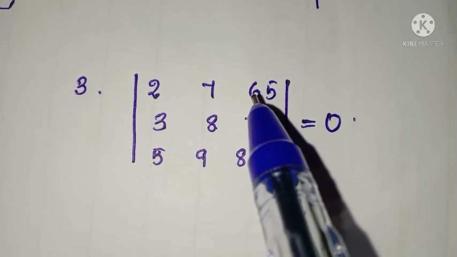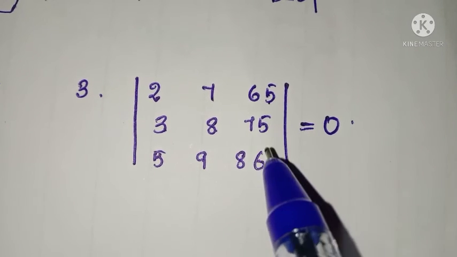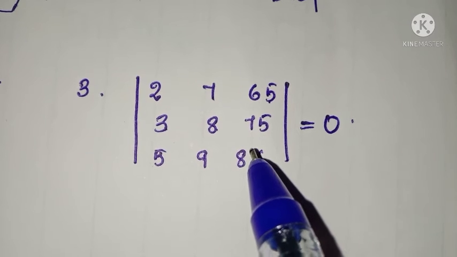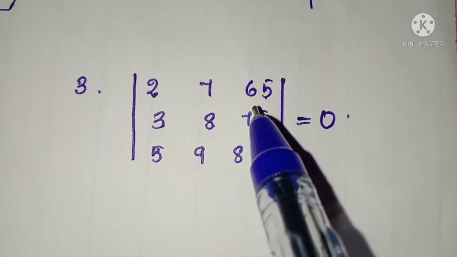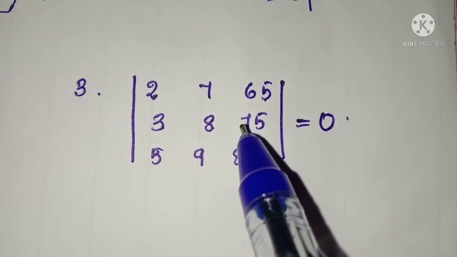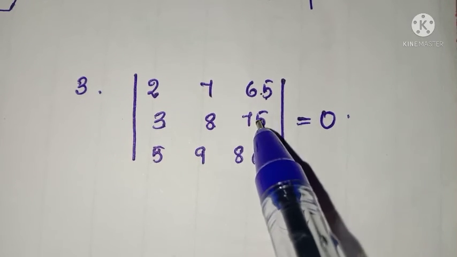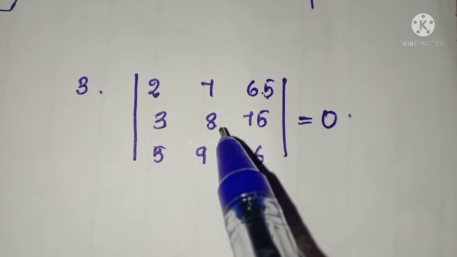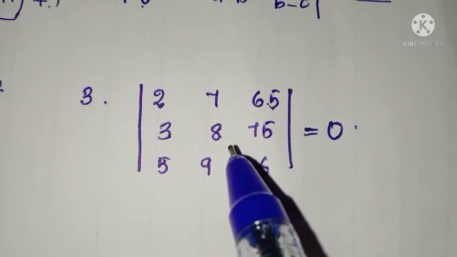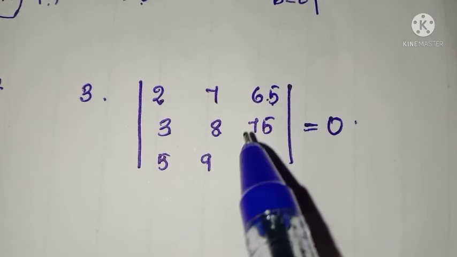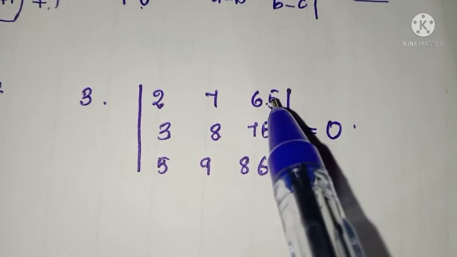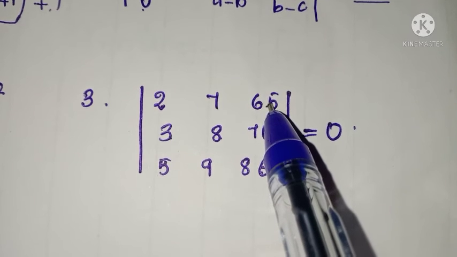So just think, are 65, 75 and 86 multiples of a constant number? No. So we can convert these numbers into multiples of a constant number. To do this, first we have to make an operation here.